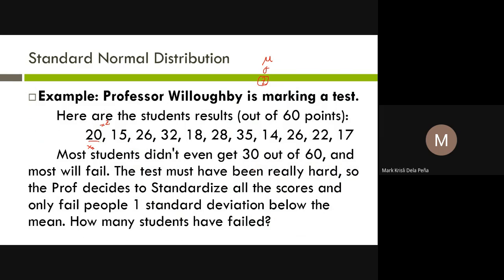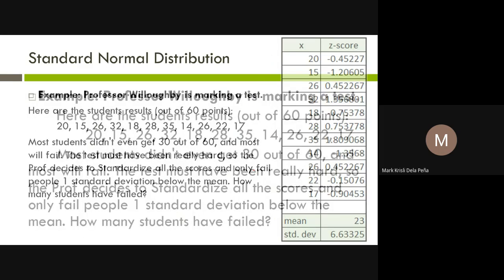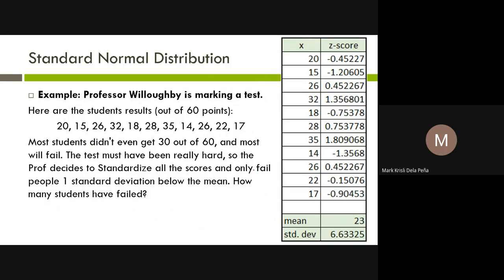Now I have here the finished calculation. So all you have to do is use your calculators, solve them, and check if you'll get the same answer. So the mean for this data is 23, and the standard deviation is 6.63325. After converting them using our formula, z is equal to x minus mu all over sigma, I can get an equivalent z-score.